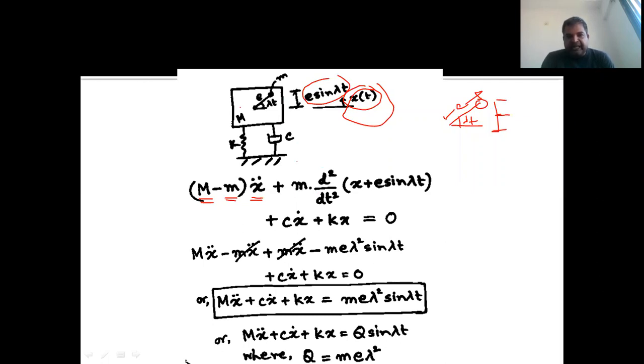So if I define the displacement of the spring, which is the combination of these two, it is m into d square by dt square of x of t, plus this displacement, which is e sine lambda t. So this is the second one. What I have done is taken the individual inertia force, and also the inertia force just for the small mass. So I have a big block, which is a combination.